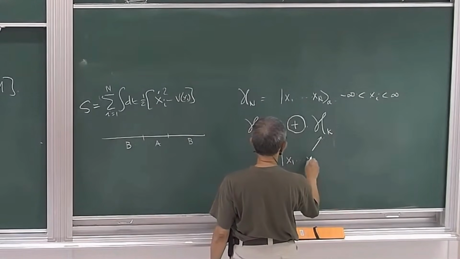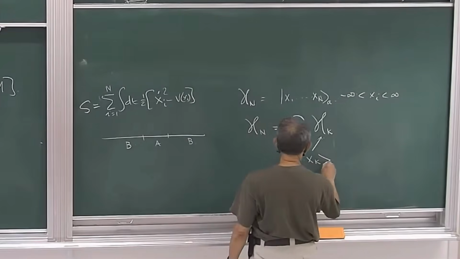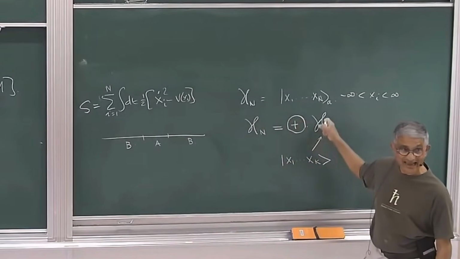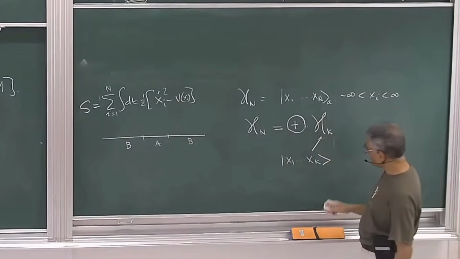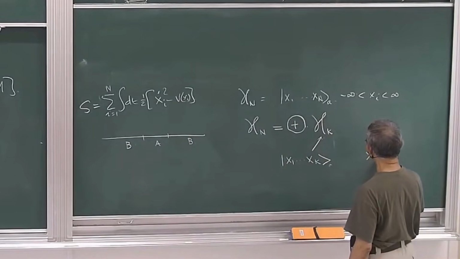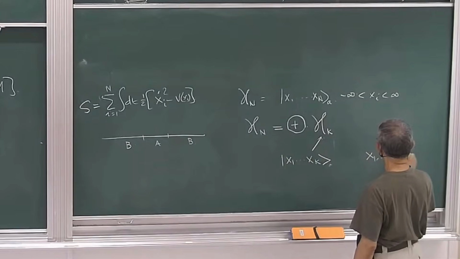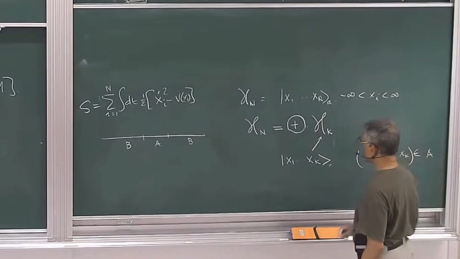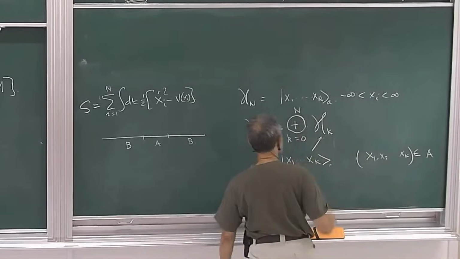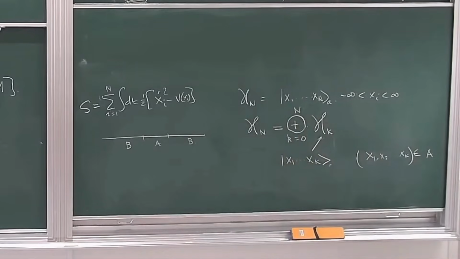A set of vectors where you have k, not n of the particles, again antisymmetrized, with the condition they all lie in that interval A. And k goes from 0 to n. Okay.